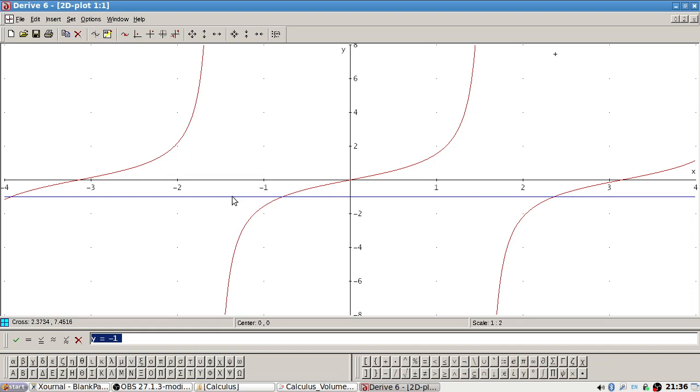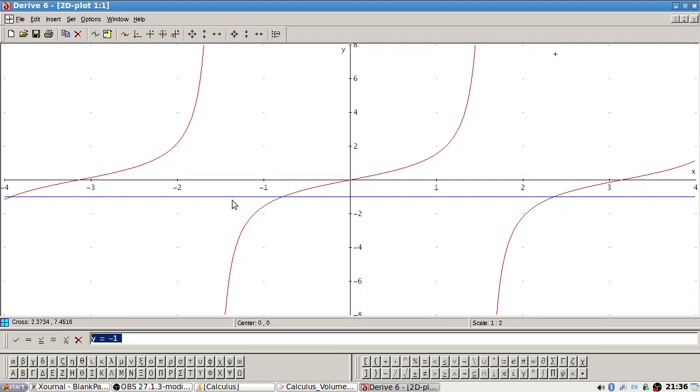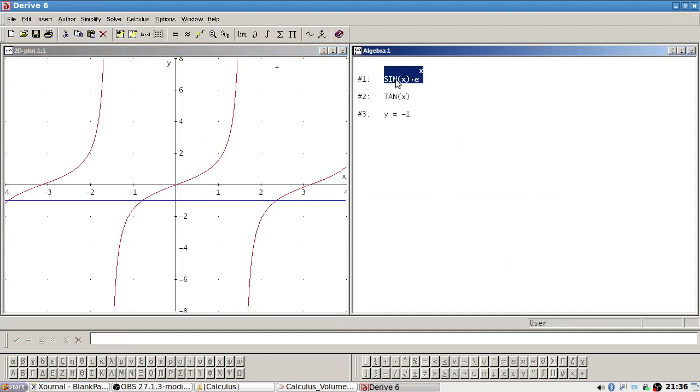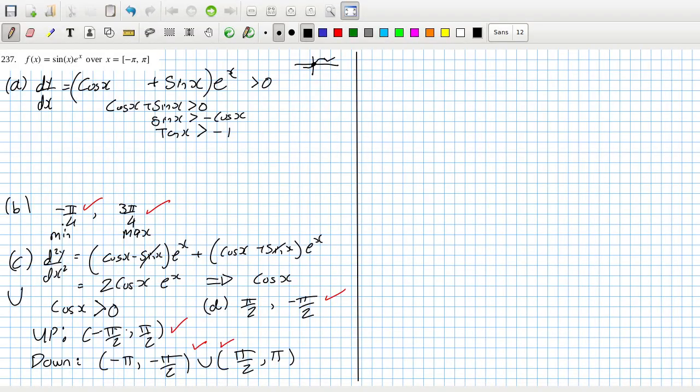But that doesn't match up with the other graph though. So the other graph here, it's decreasing, even though tan is more than minus 1. So I must have something wrong with my derivative.